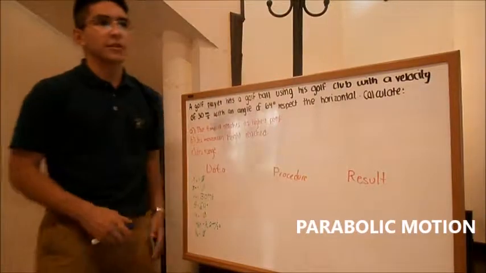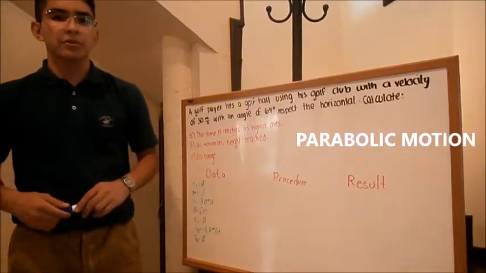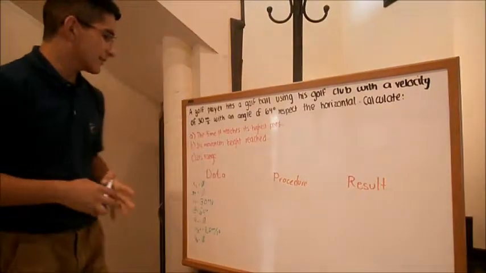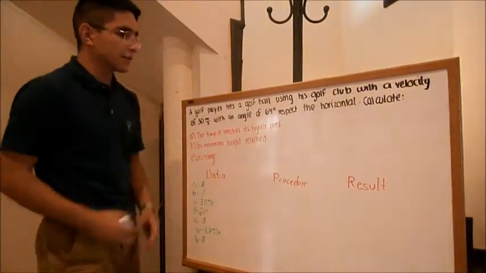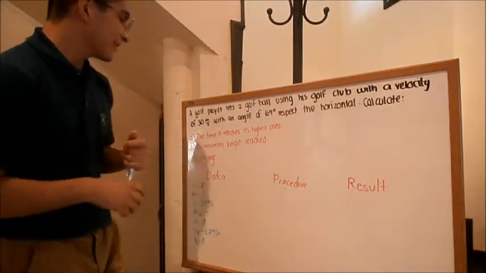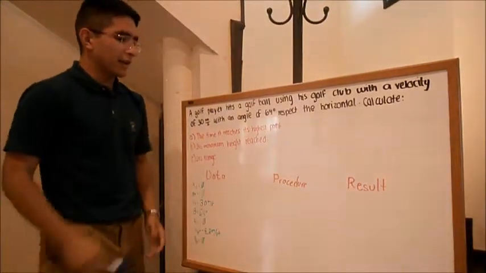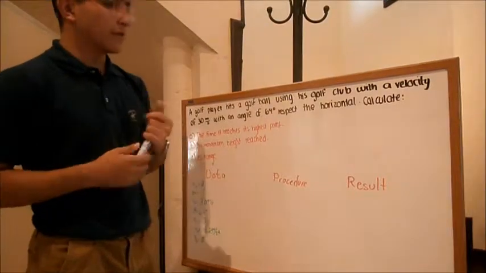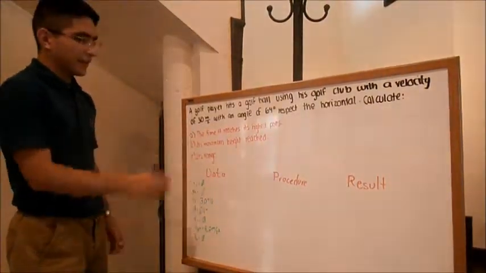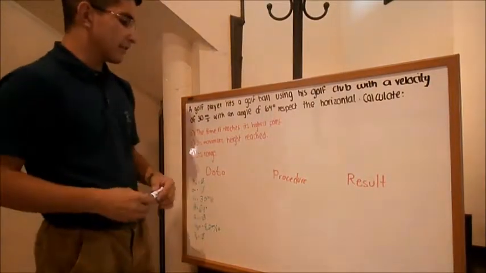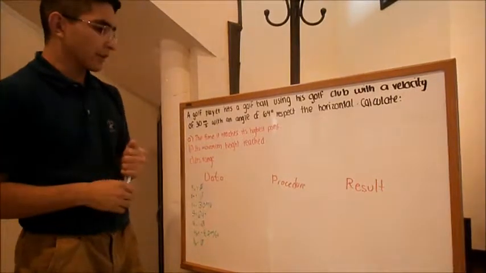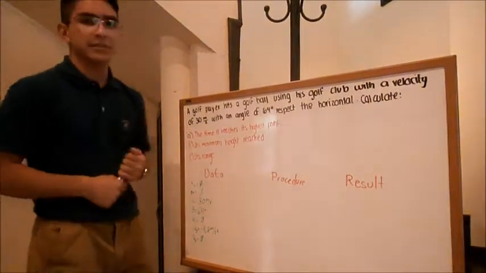Okay, I'm going to talk about parabolic motion, and one problem of this topic says a golf player hits a golf ball using his golf club with a velocity of 30 meters per second with an angle of 64 with respect to the horizontal. Calculate the time that it reached its highest point, its maximum height reached, and its range.